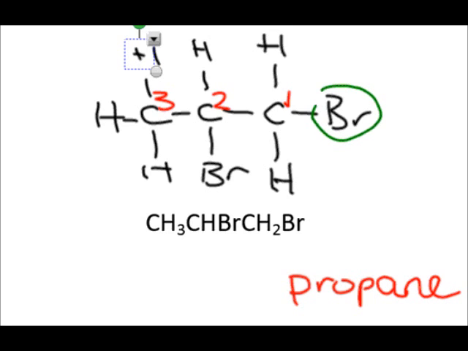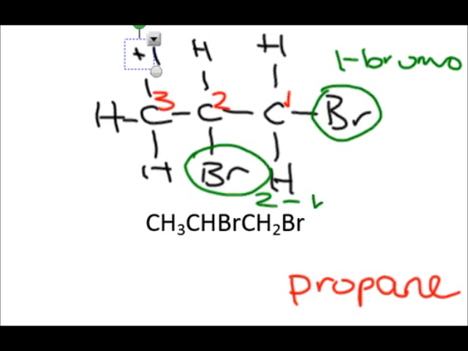The 2 bromo groups are attached to the first carbon and the second carbon. Now remember, if we've got 2 groups of the same type, in this case it's bromo, we use di to show that we've got 2 of them. So this will become 1,2-dibromopropane.